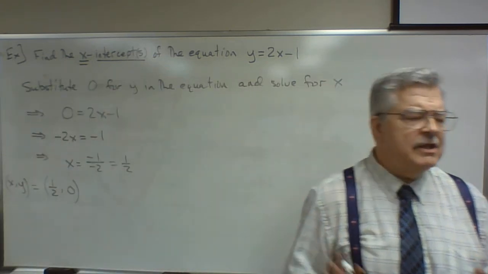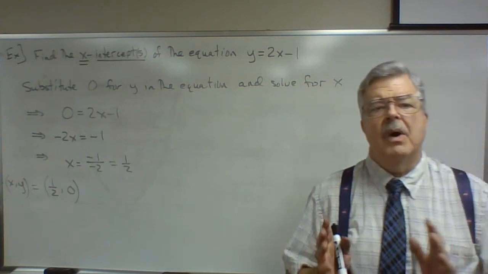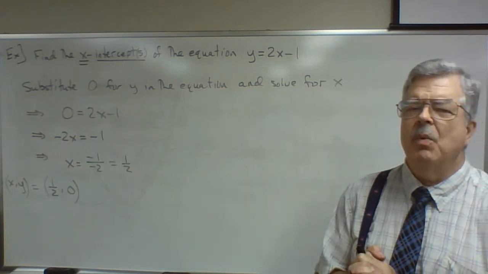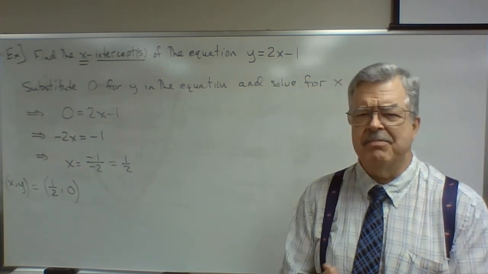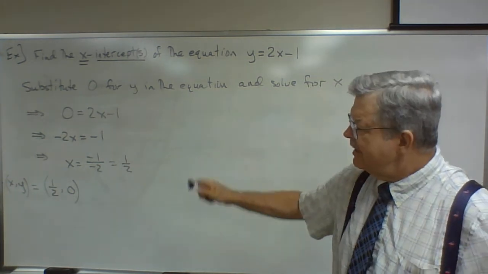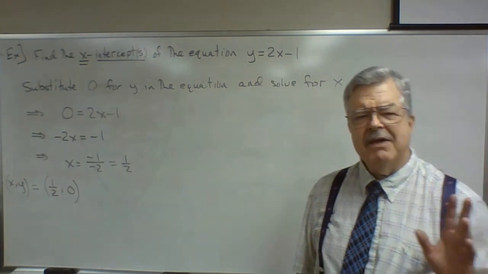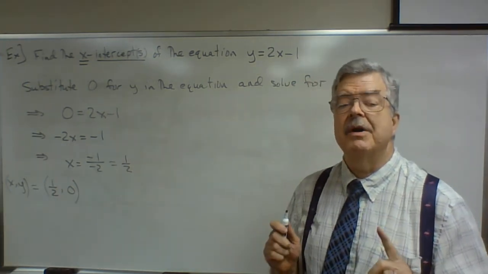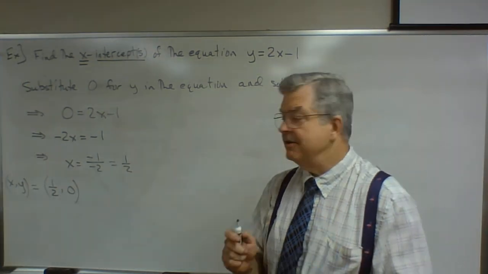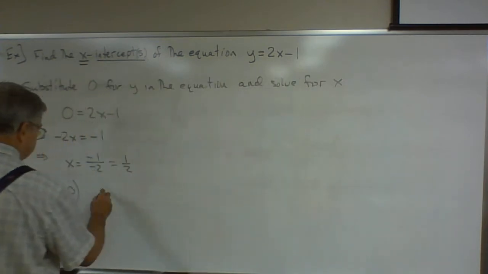And for the same reason why we usually don't identify the y-intercept with an ordered pair, we won't identify the x-intercept with an ordered pair either. My math lab is probably going to want us to write the x-intercept this way.